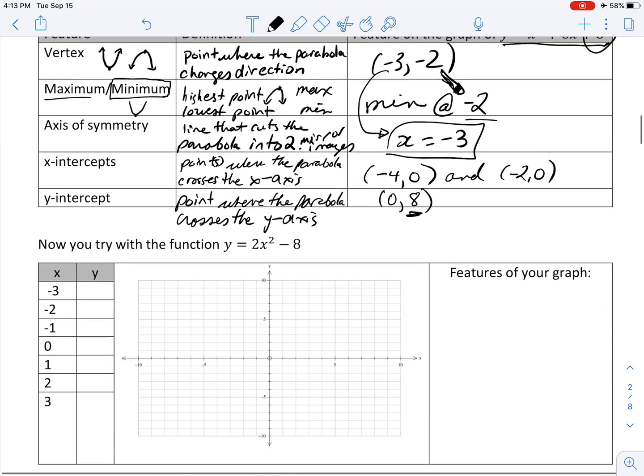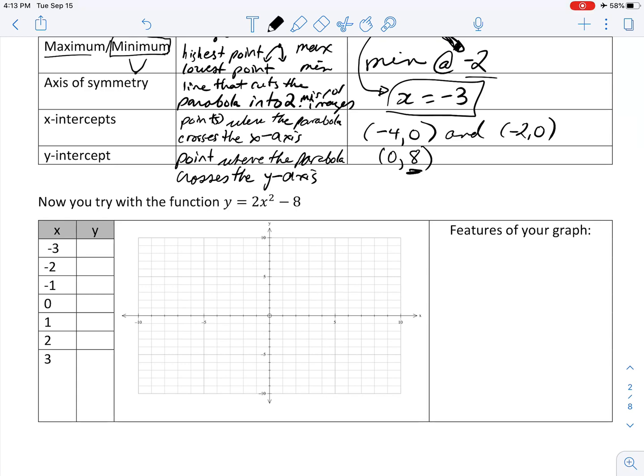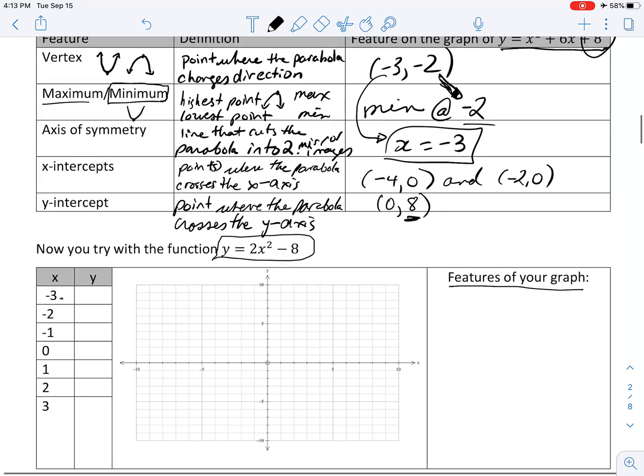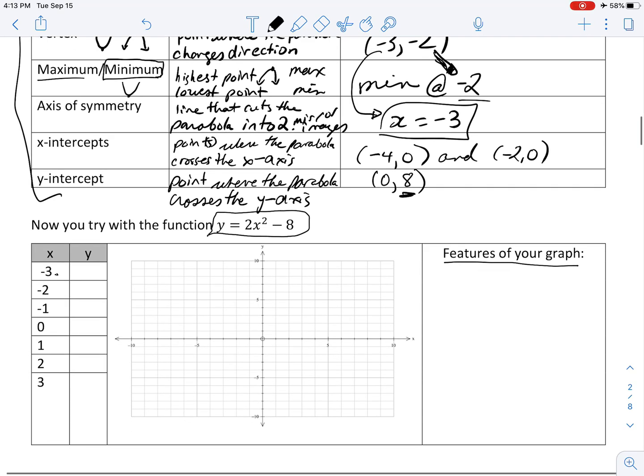So down here, I have another one for you to try. y equals 2x squared minus 8. There's our function. Put these values in for x, and then see if you can identify these same features: vertex, max or min, axis of symmetry, x-intercepts, y-intercept, after you make the picture right here for your graph.